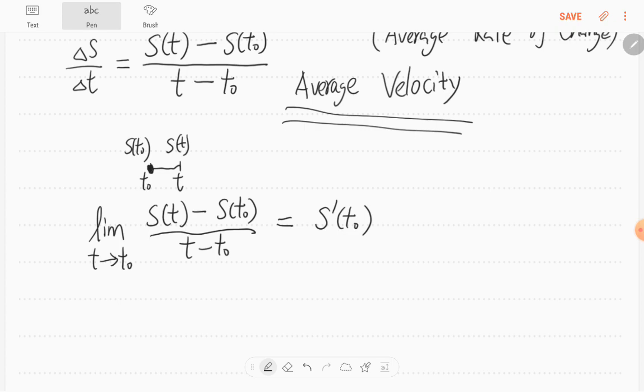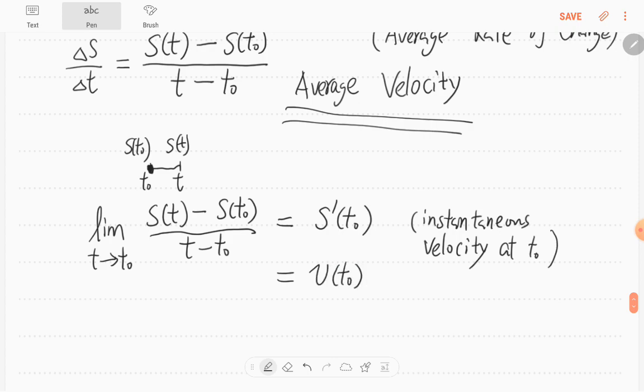So this is called the instantaneous velocity at t naught, which is denoted by v at t naught. So now this is actually the instantaneous rate of change, right?